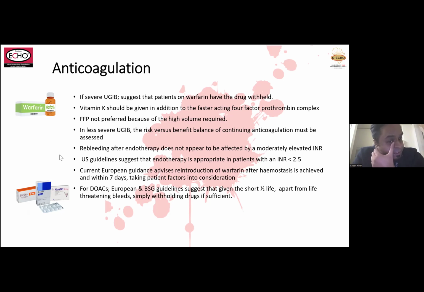In European guidelines, they advise reintroduction of warfarin within 7 days after hemostasis is achieved, taking patient factors into account. Regarding DOACs, the European and BSG guidelines suggest temporarily withholding the drug, which is usually sufficient given the short half-life of these drugs.